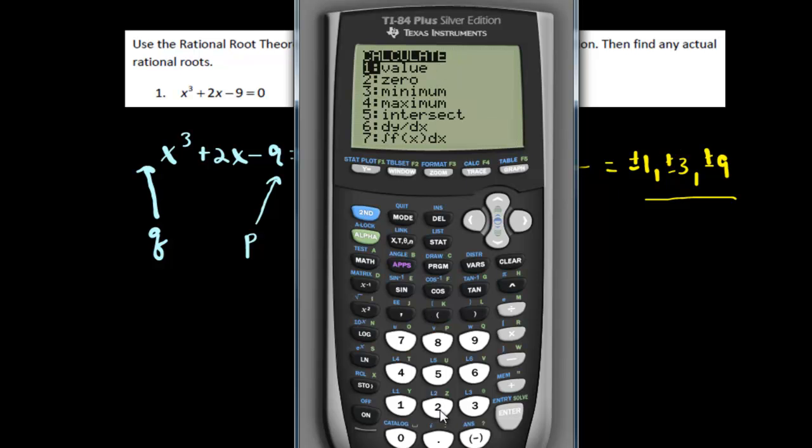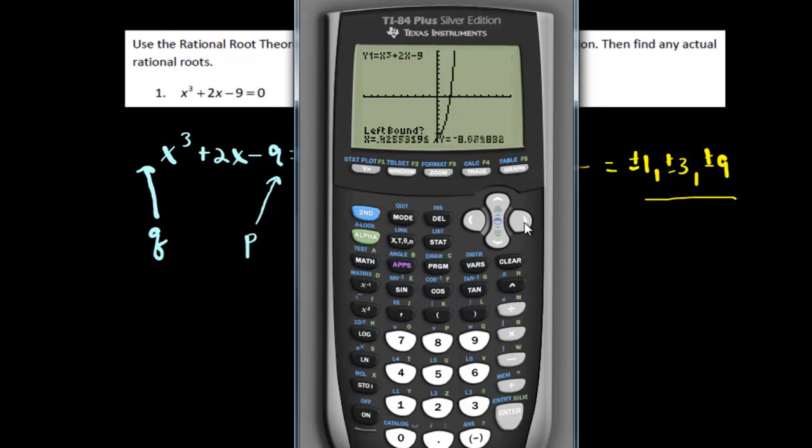So second trace, zero. Left bound is right under it, right bound is above it, and then guess. So our zero is at 1.76, and so on and so forth.